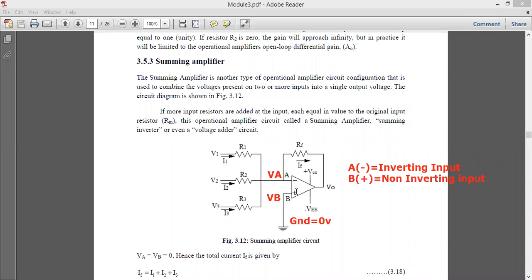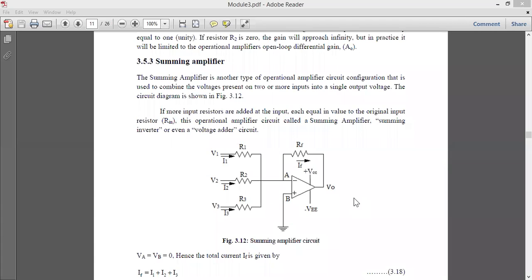In this particular figure it is inverting, because I have connected it to the minus sign. So it is called a summing inverting amplifier or an inverting summing amplifier. Both are correct. Let us derive the equation for the output voltage V0.